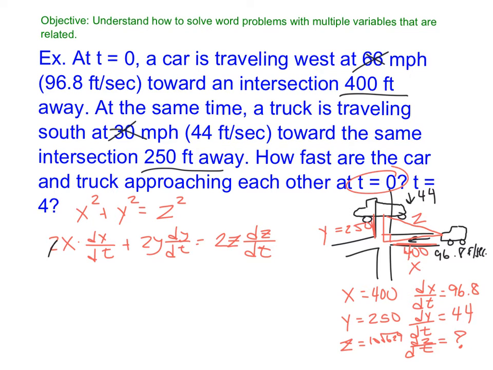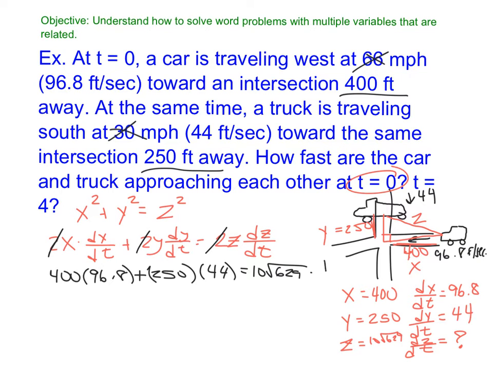I think with this one I canceled out all my 2's to make the number smaller. So then 400 times 96.8 plus 250 times 44 equals 10 root 629 times dz/dt.